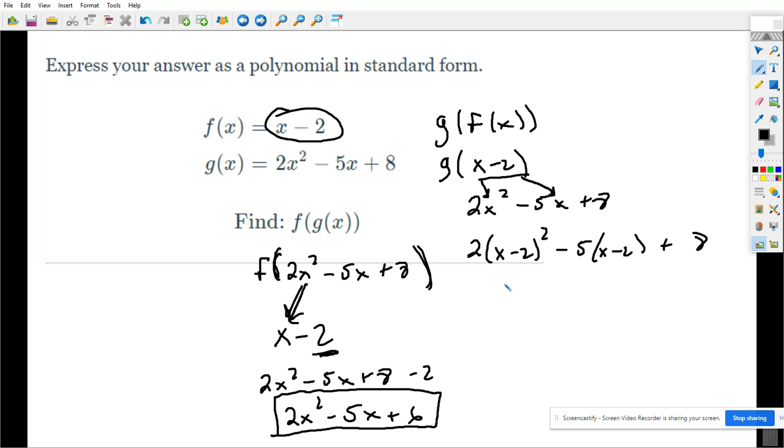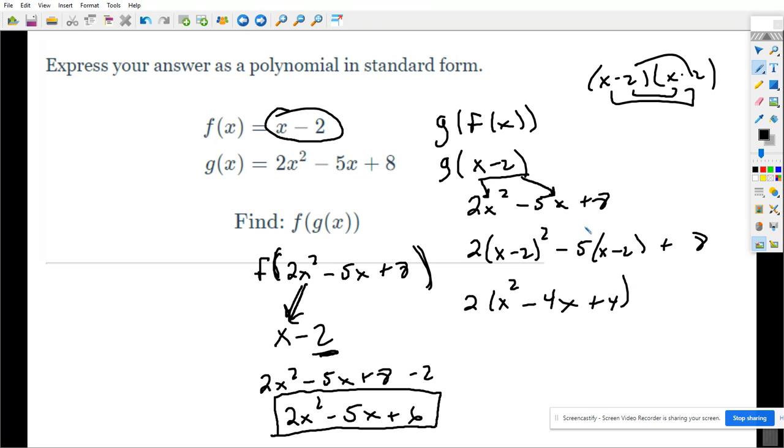And now I do the algebra. I'm going to do this a little bit quicker. x minus 2 squared means x minus 2 times x minus 2. So I would FOIL that, and it would give me x squared minus 2x minus 2x is a minus 4x, and then negative 2 times negative 2 is a plus 4. I'm going to distribute here, so it'll be a minus 5x plus 10, plus 8. I'm going to distribute this 2. So a ton of algebra, stuff we've done from before.